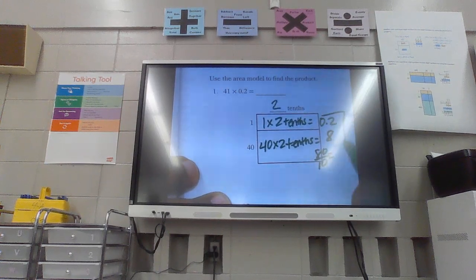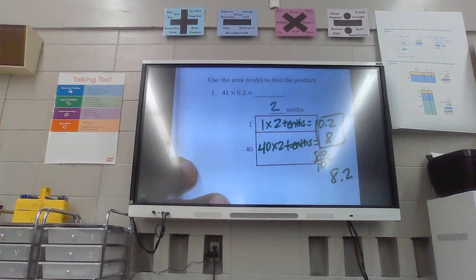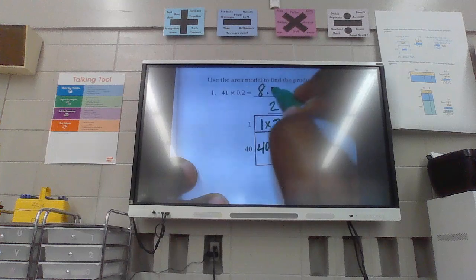What do I do with these 2 pieces here? Add them together. What's 8 plus 2 tenths? 8 wholes, or 8 ones, and 2 tenths is 8 and 2 tenths. So that means 41 times 2 tenths gets me 8 and 2 tenths.